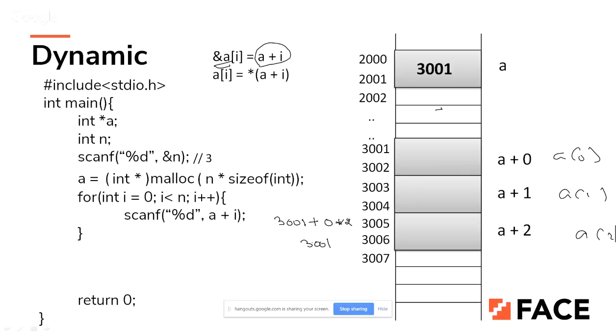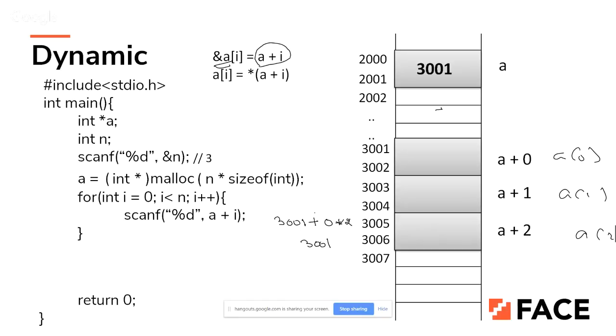So the first input which you are going to give will be stored in 3001. Now, the value stored in 3001 will be 1. Now, the value of i will be incremented to 1.